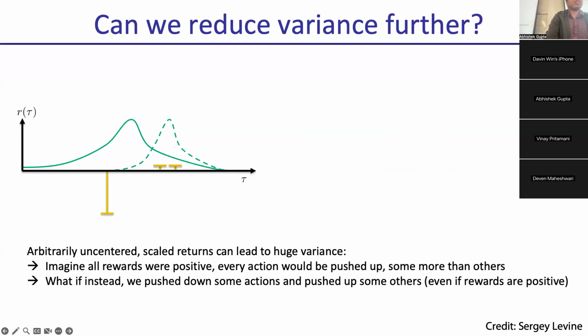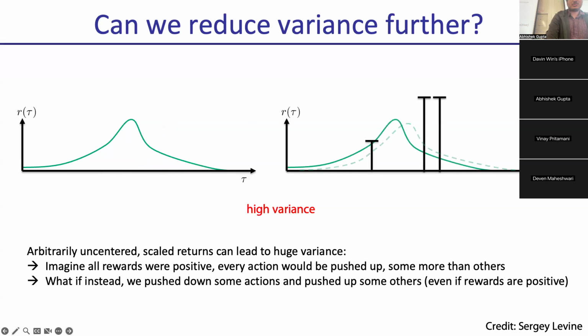This distribution versus this distribution are pretty different. In the limit of infinite samples, this wouldn't happen. But when you have a small number of samples and your scale is not centered, some things can lead to bigger increases and some things lead to smaller increases. And so basically across different states, you might have different scales of rewards.